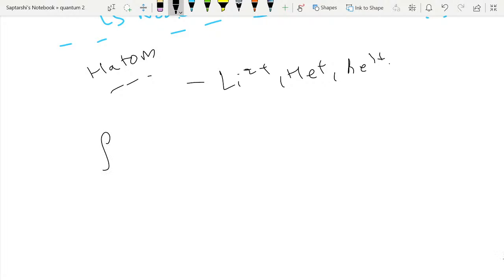You know the gamma function is very important, the gamma function integral that we talk about a lot of times.